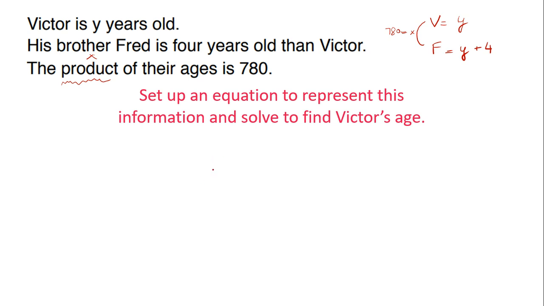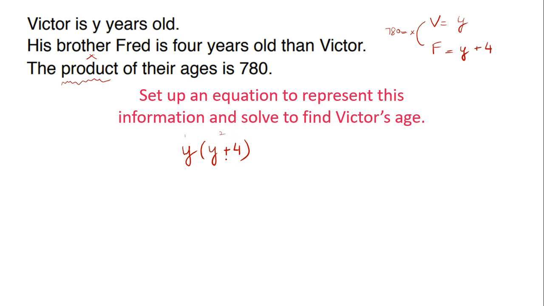Now, if I want to set up these little pieces of information in one single equation, I'm going to be writing y multiplied with y plus 4. Now, I can't just take y multiplied by y and a plus 4 just outside of that. No, it cannot happen because y is one single term and y plus 4 is the second term.